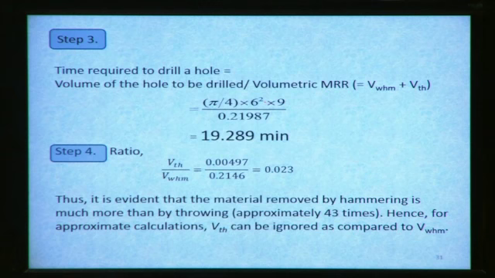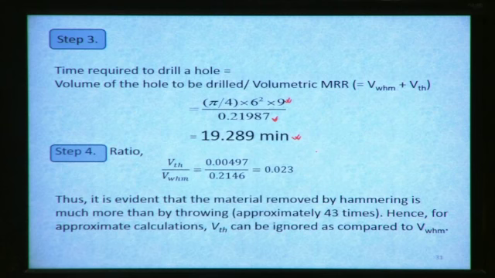So the total volume of metal removed equals pi by 4 d square multiplied by the depth or thickness of this workpiece material, divided by the total volumetric metal removal rate by the hammering model plus the throwing model. Okay. So it is coming as the time required is 19.289 minutes.